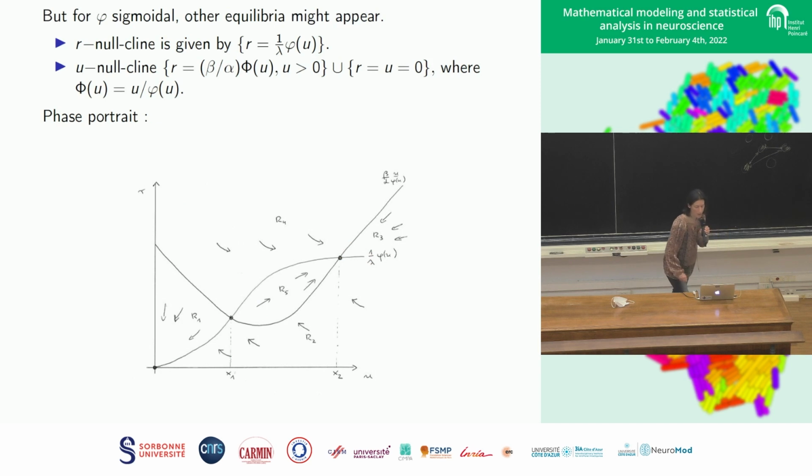So I tried to make a plot here of the null lines. So this guy here is the U null line. This is the R null line, and also I plotted the phase portrait, I guess one says in English.